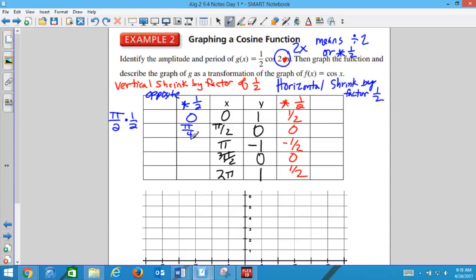I take pi and I multiply by half, so pi over 2. And I take 3 pi over 2, and I multiply by 1/2. And I go straight across, and I get 3 pi over 4. And then 2 pi multiplied by half is just pi.